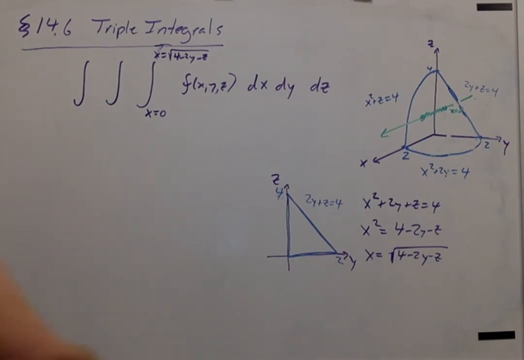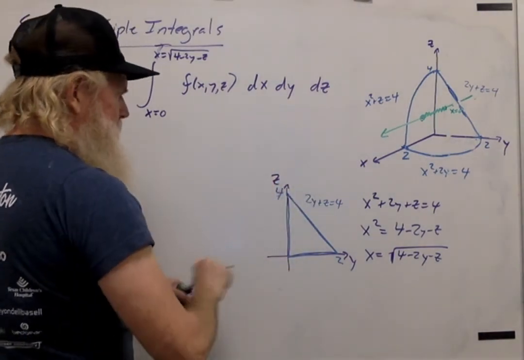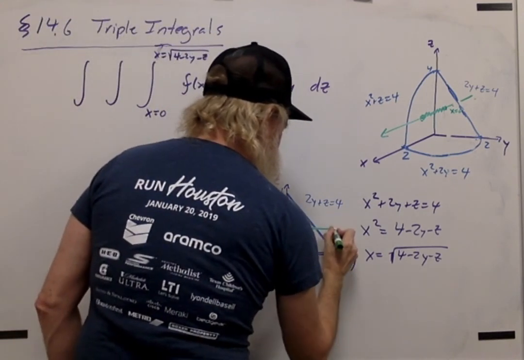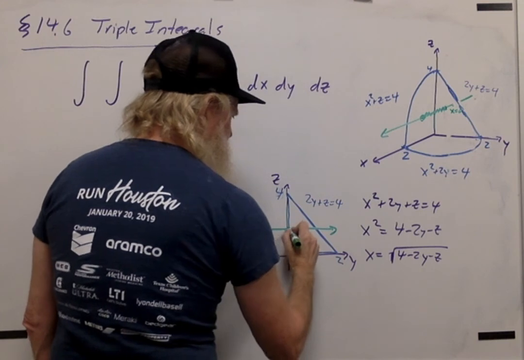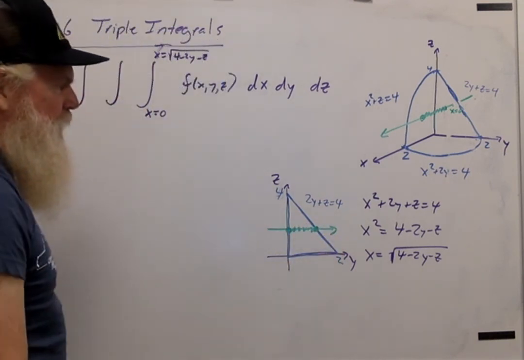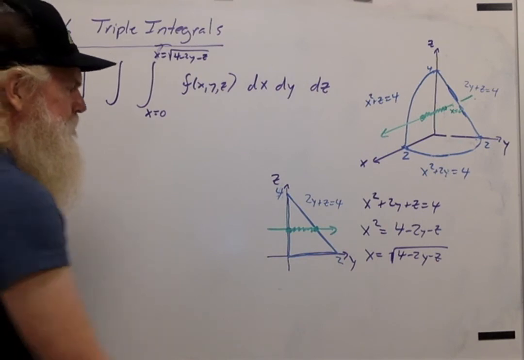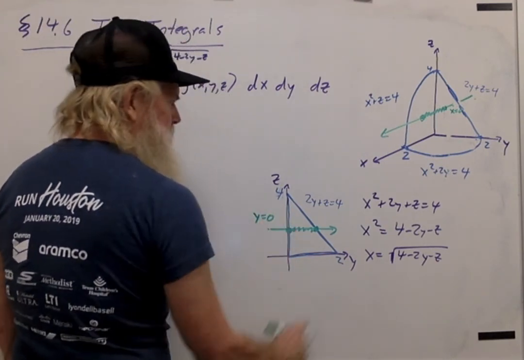Okay. Next, we wanted to set up the bounds with respect to y. So I'll draw my line segment parallel to the y-axis, entering on the z-axis, and exiting on the slanted line. The z-axis has equation y equals 0.